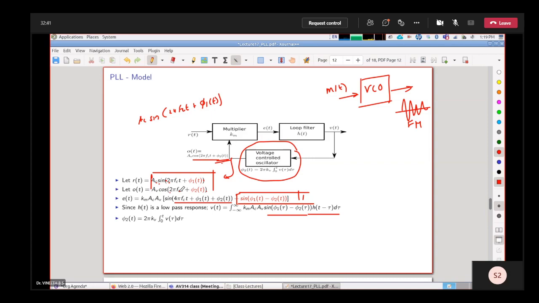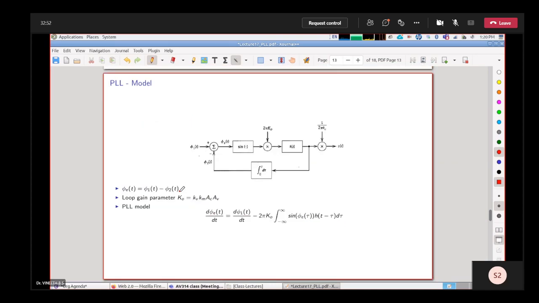What is really interesting are the phase angles, phi1 of t and phi2 of t. So we will draw a system where phi1 of t is the input to this system, and phi2 of t is some signal that we have here. Is this clear?